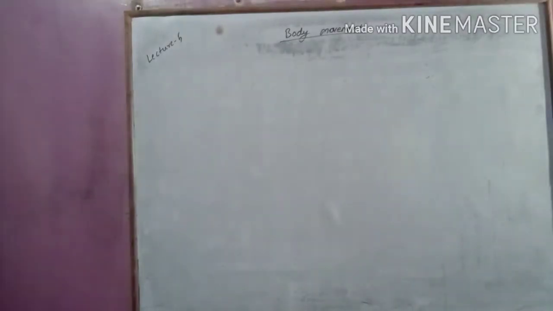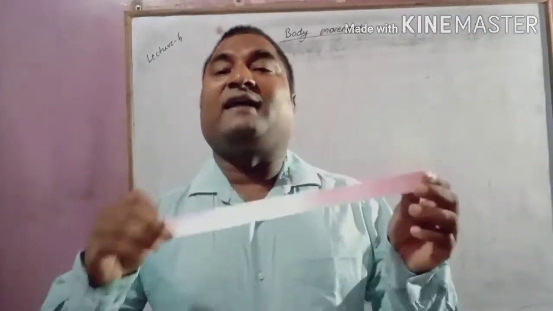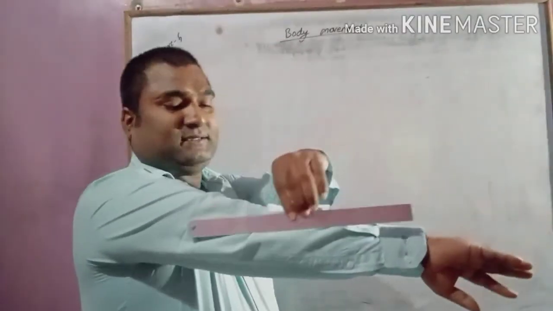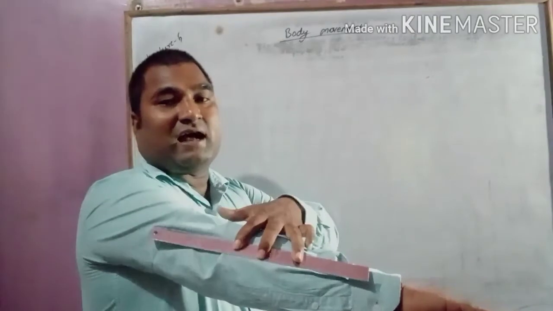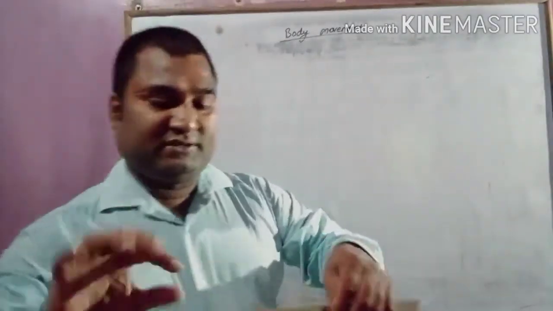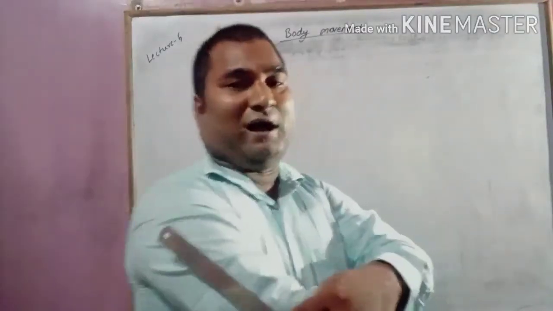In that activity it says you have to take a hard scale, and place it on your arm, and ask your friend to tie it at this point on your arm.